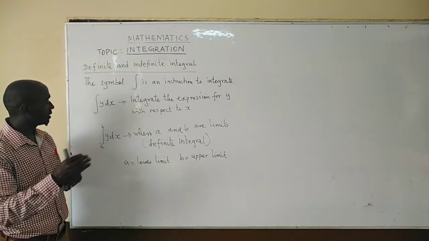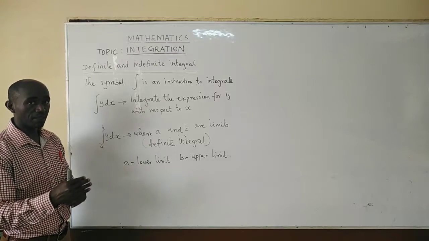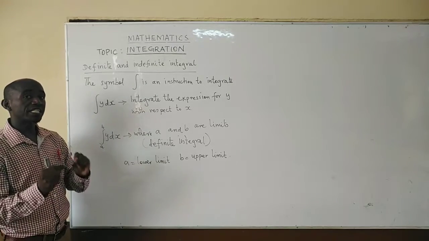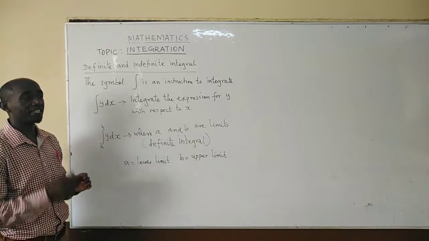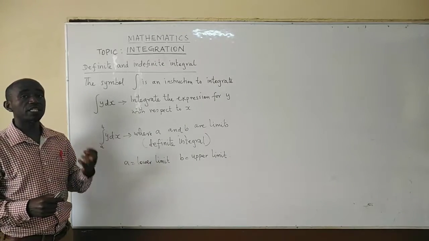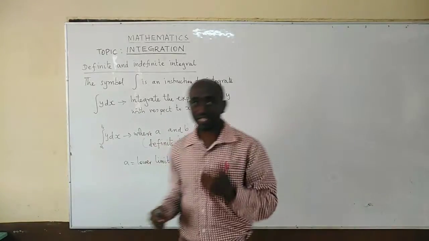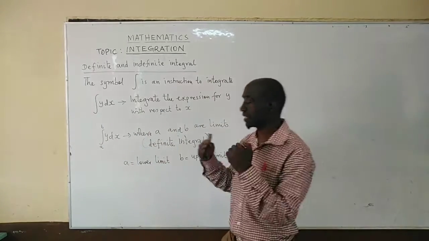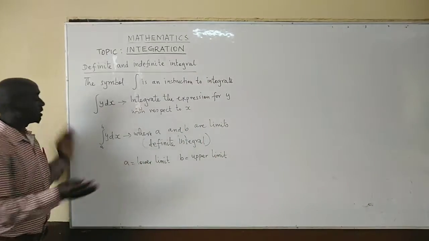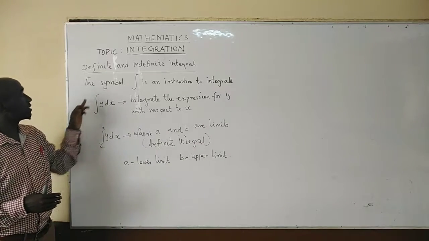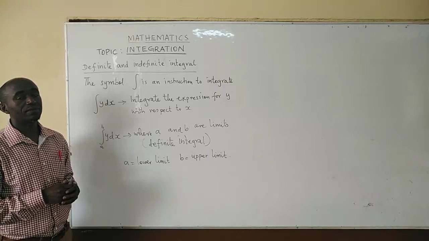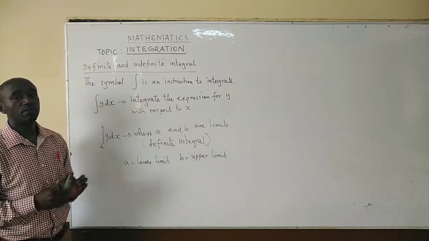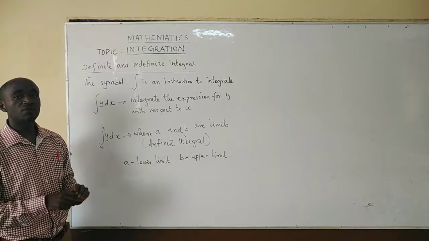We find the integral within those limits, meaning we are going to get a definite answer, a particular answer, after inserting those limits. That's why we call it a definite integral. But without limits, we just integrate and find the integral, full stop. We don't put any values.